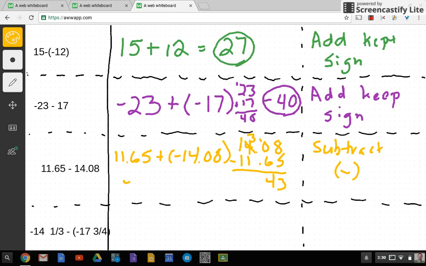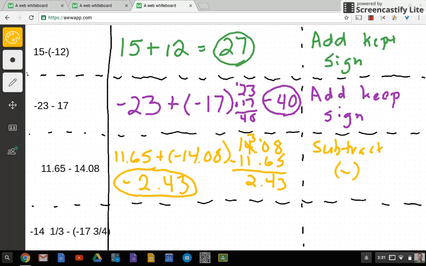There's 4. And then 13 take away 11 is only going to leave 2. So it is a negative 2.43. Because remember, we had to keep the sign of the larger number, which was negative. So it is a negative 2.43.